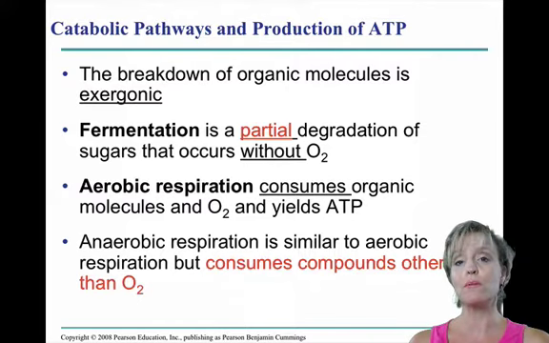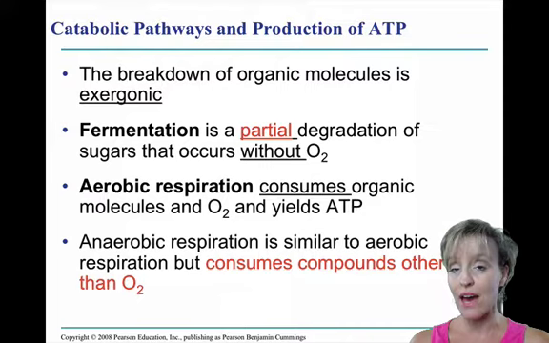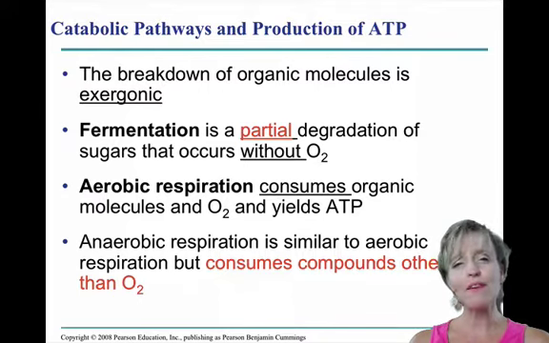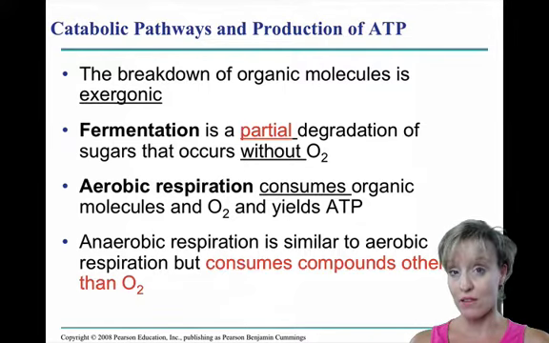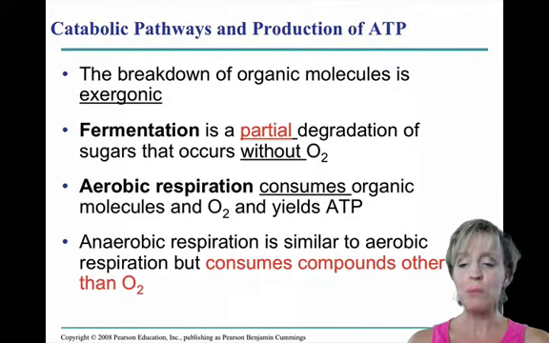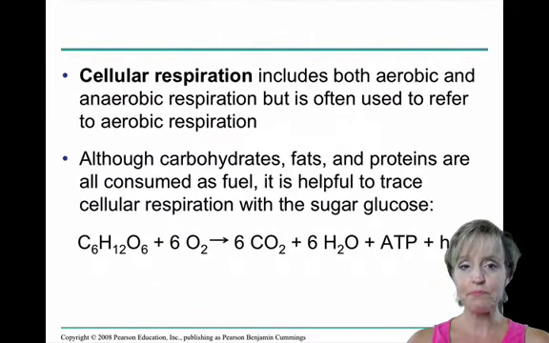It'll go into the mitochondria, carry on the citric acid cycle and the electron transport system. But instead of having oxygen as the final electron receptor, it will have other things such as sulfates and nitrates. We will be interested in this chapter mostly in aerobic cellular respiration, which uses oxygen to yield ATP.